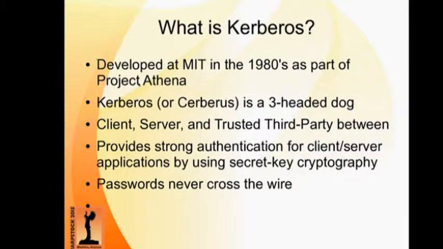And the trusted third party is the authentication server, which may not be the provider of resources. It does provide strong authentication. It uses secret key cryptography. And the passwords, this is the important part about it, the passwords are never sent over the wire.